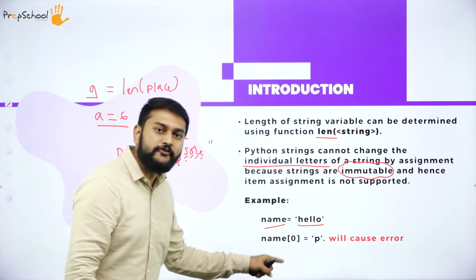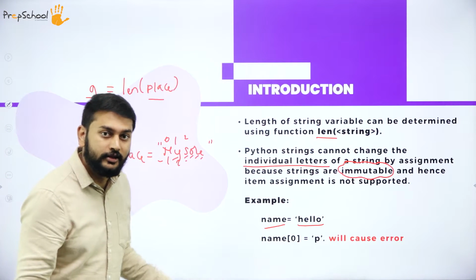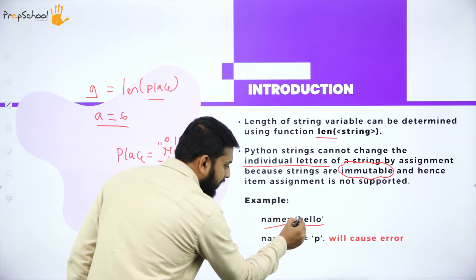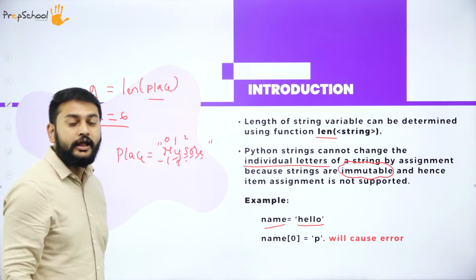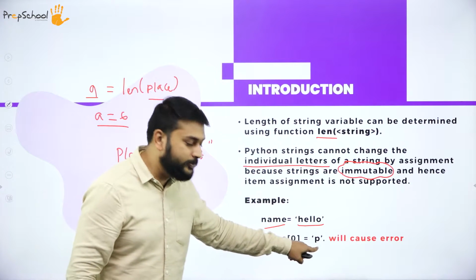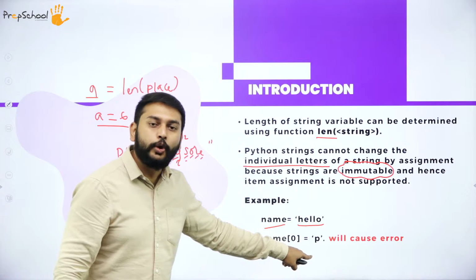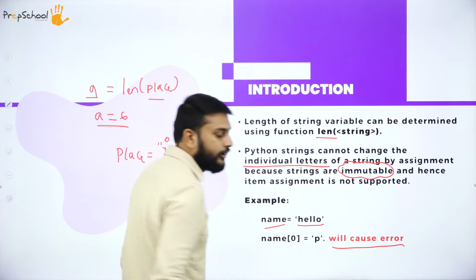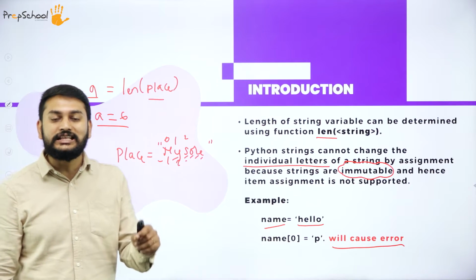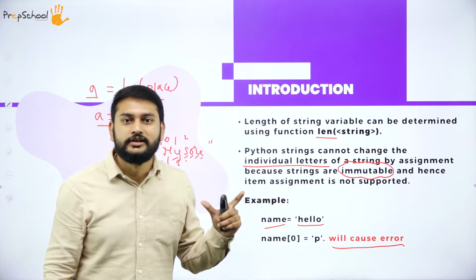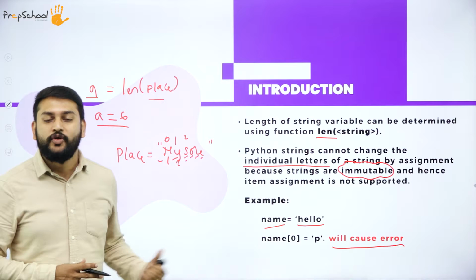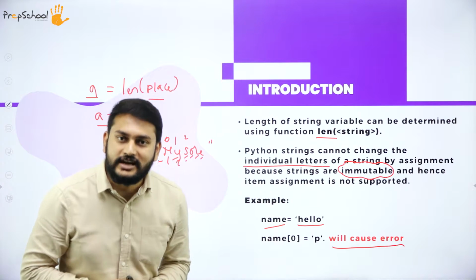The string that I have is hello. For name of 0, the first character, which is H, I try to replace it with P. Is it possible? No, it is not possible. It will show you an error. Strings are immutable. That's what you have to understand when it comes to the concept of strings.